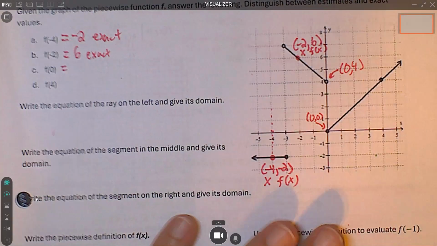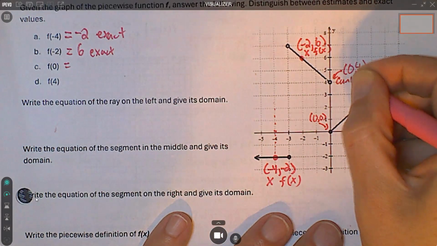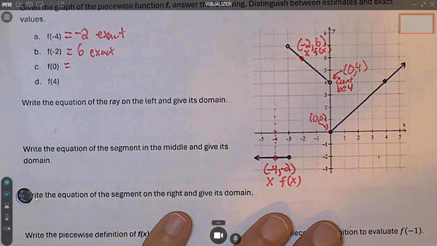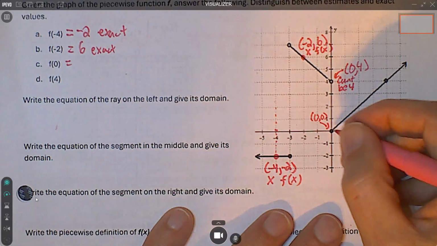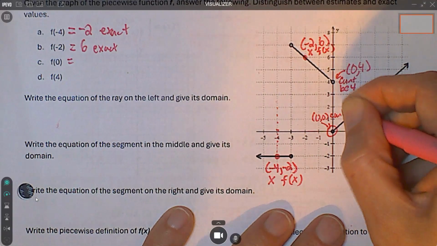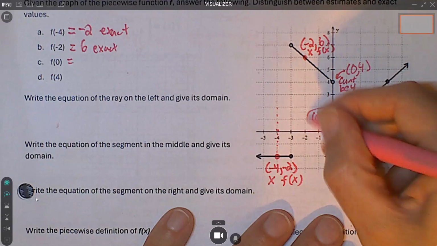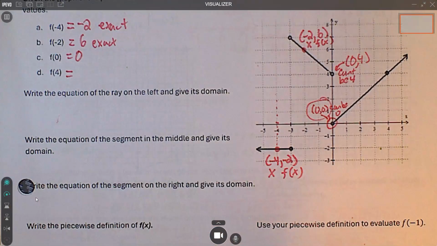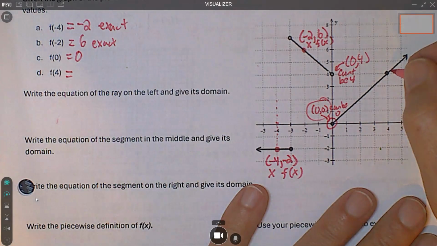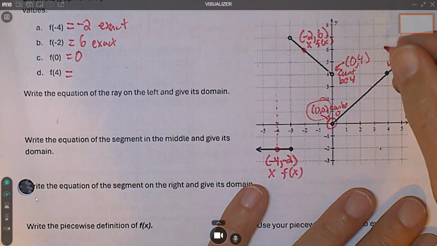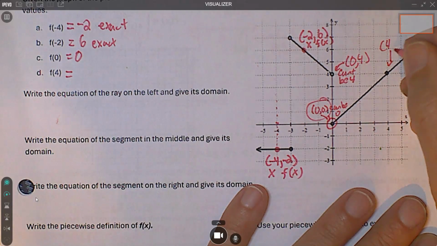Okay, so there it can't be 4 because it's open. F of 4.